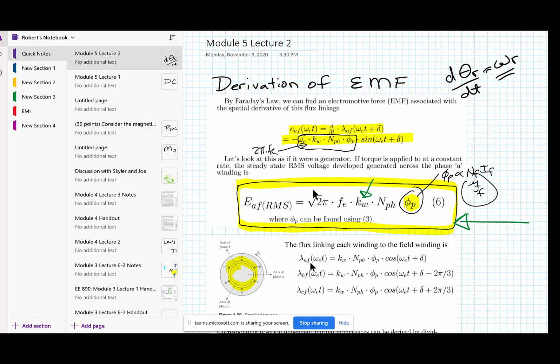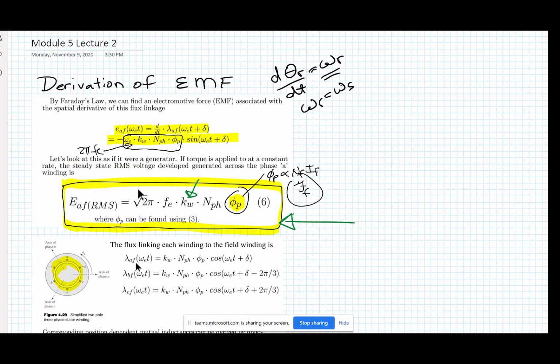We also introduced the fact that the speed of the rotor is equal to what we call the synchronous speed of the flux in the air gap. That is saying that there's a flux that's moving in exact synchronism with the speed of the rotor that's connected to that electromagnet.